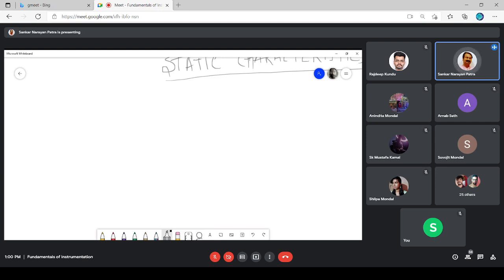If it is an indicating or recording instrument. Indicating or recording instrument means what? Like the galvanometer, the multimeter, the ammeter, the voltmeter that you have used earlier, where the deflections give you the reading, or some kind of recording device.